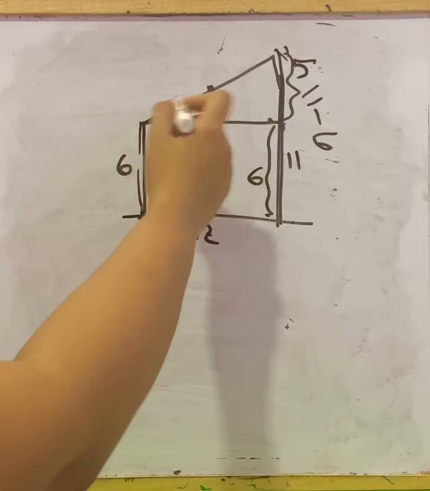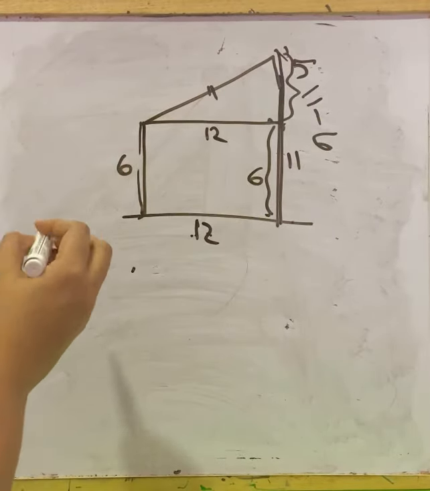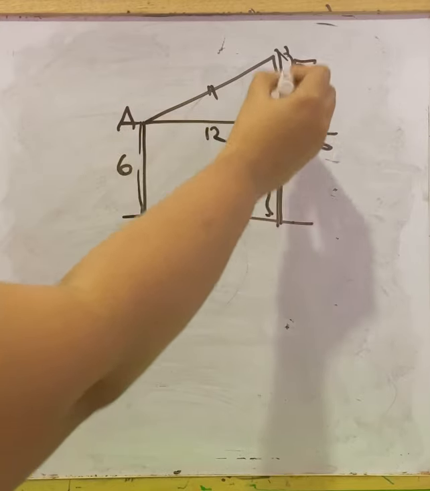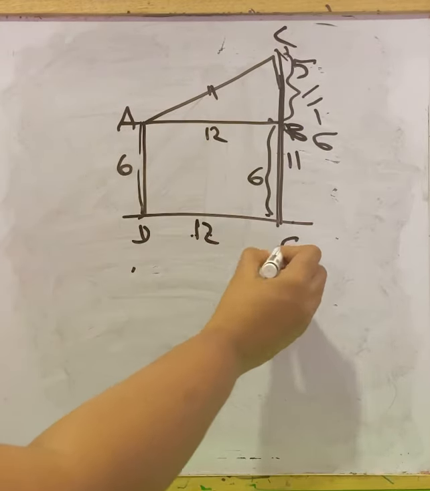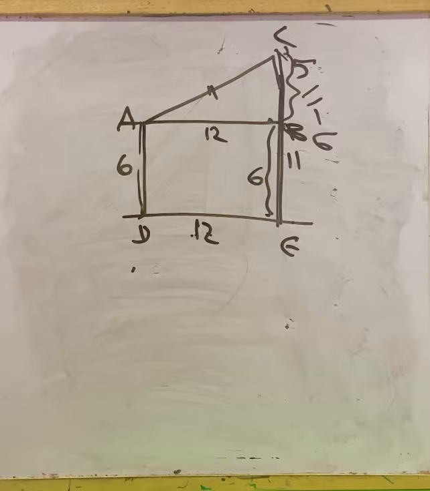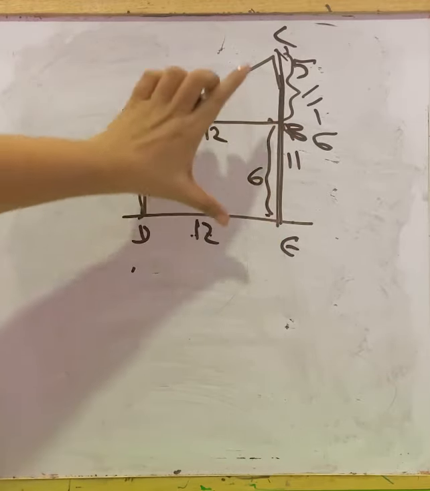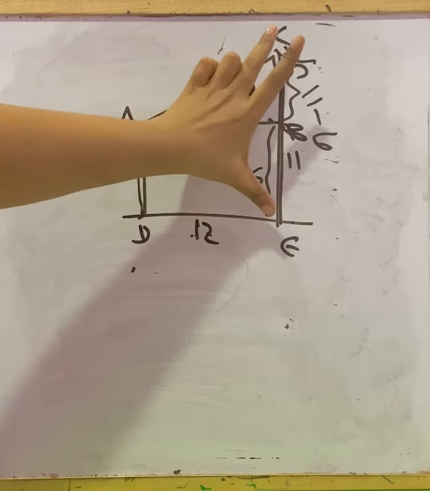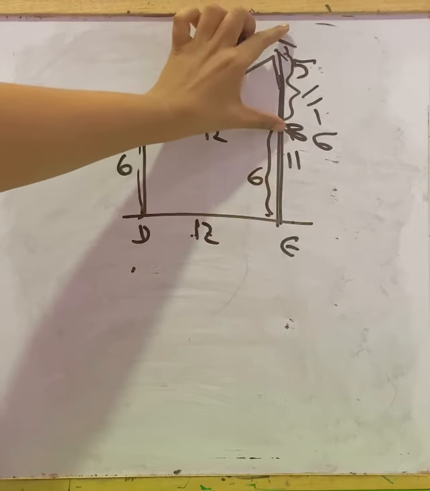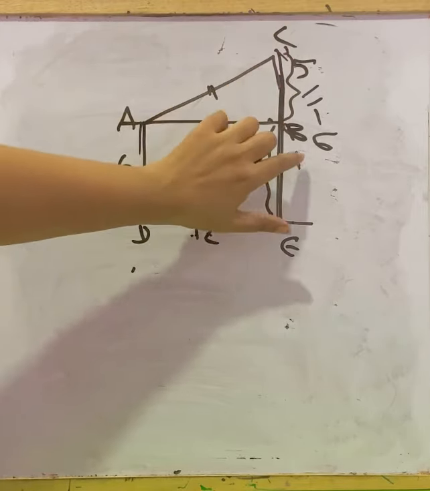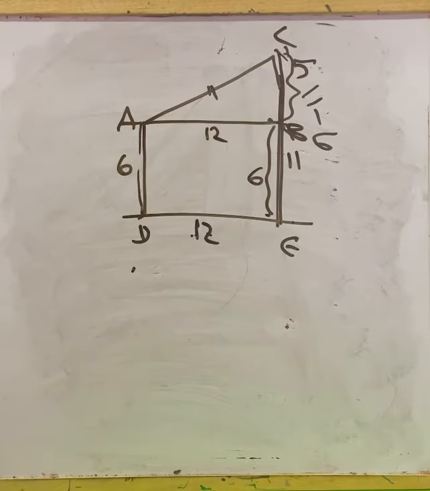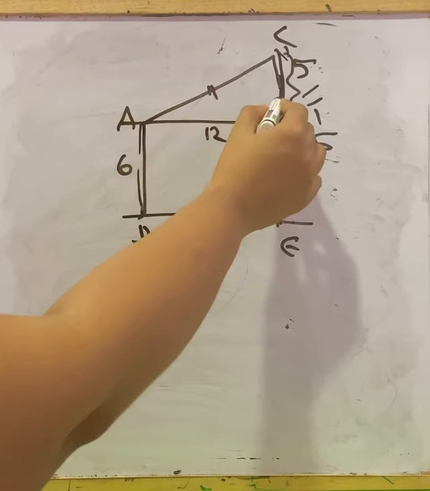To find this length, let us name these A, B, C, and this D and E. Now we have AD equal to 6 and BE equal to 6. We know CE is 11. To find CB, we subtracted 6 from 11 and we got 5. This is a right triangle.